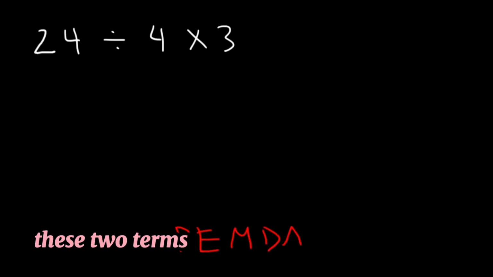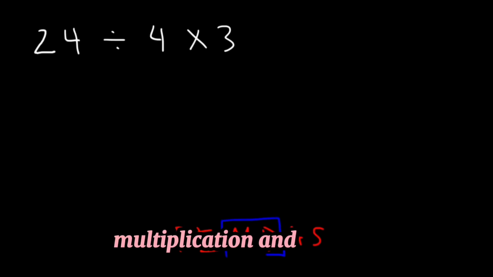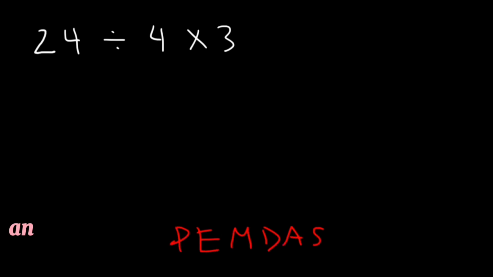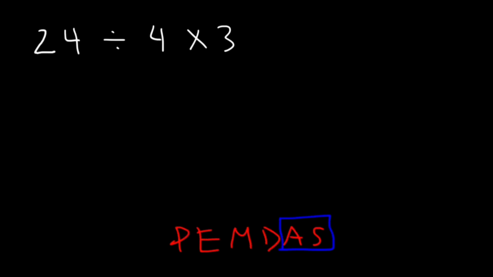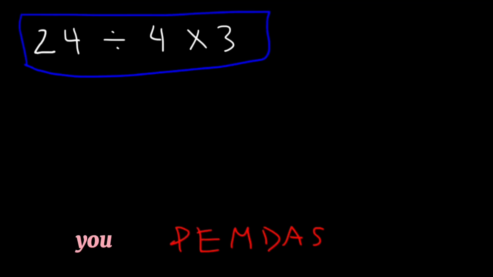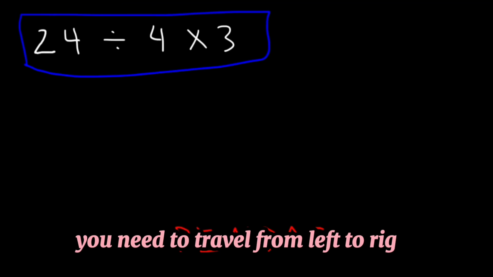But these two terms, multiplication and division, have the same priority. And addition and subtraction also have the same priority. In 24 divided by 4 times 3, which comes first? You need to travel from left to right.